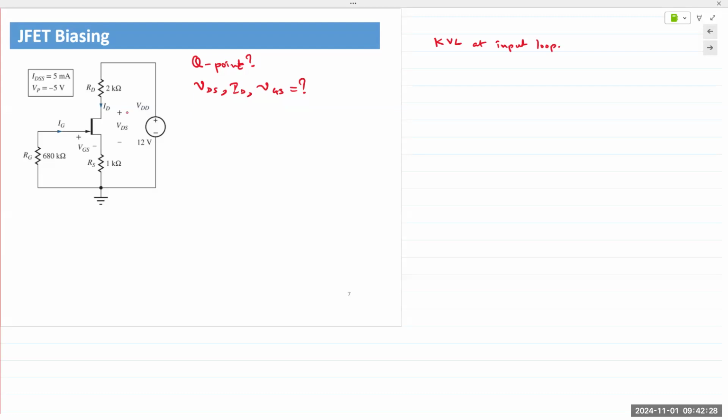We apply KVL at the input loop, and we see the current is flowing in this direction. So it's plus minus, plus minus. And so we can write VRG plus VGS plus VRS is equal to 0.